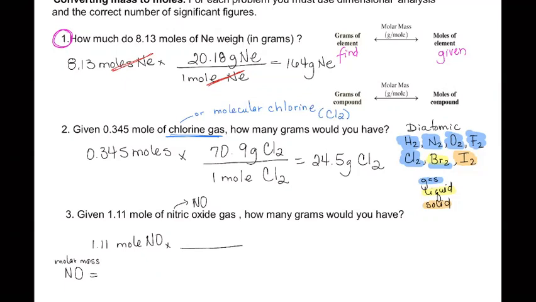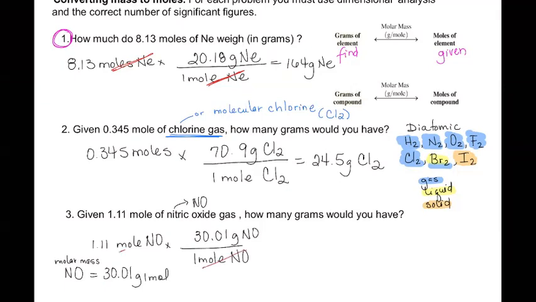So this gives us a value of 30.01 grams per mole. Okay, so in the bottom, we put 1 mole of NO. And then on top, we put 30.01 grams of NO.